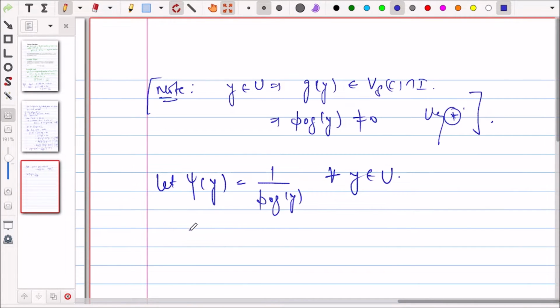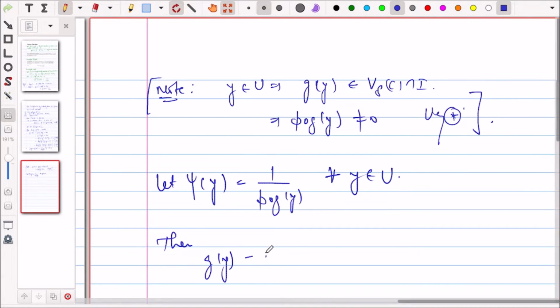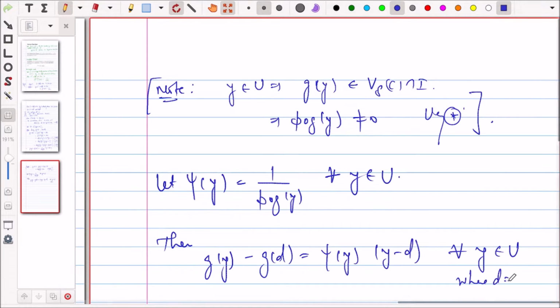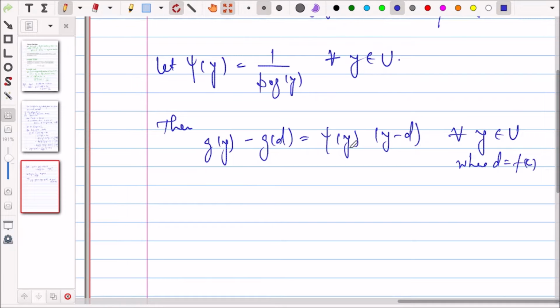Then gy minus gd is equal to psi y times y minus d for all y belonging to u, where d is equal to fc. So d is equal to fc. So our function satisfies this characteristic property, that we are able to find a continuous function.